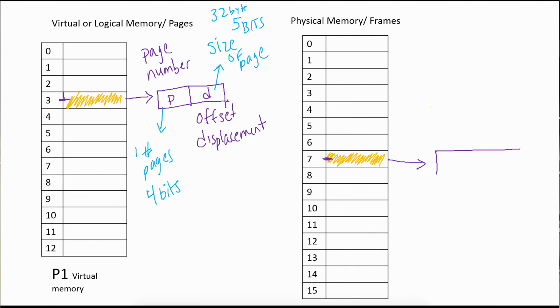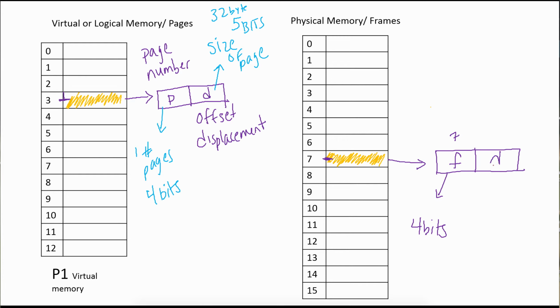And the physical address is going to be made up of the frame number, which in this case is frame 7. And if I have 16 frames available, I'm going to need 4 bits for that as well. But if there were more frames, then it would be different; they just happen to be similar in size.